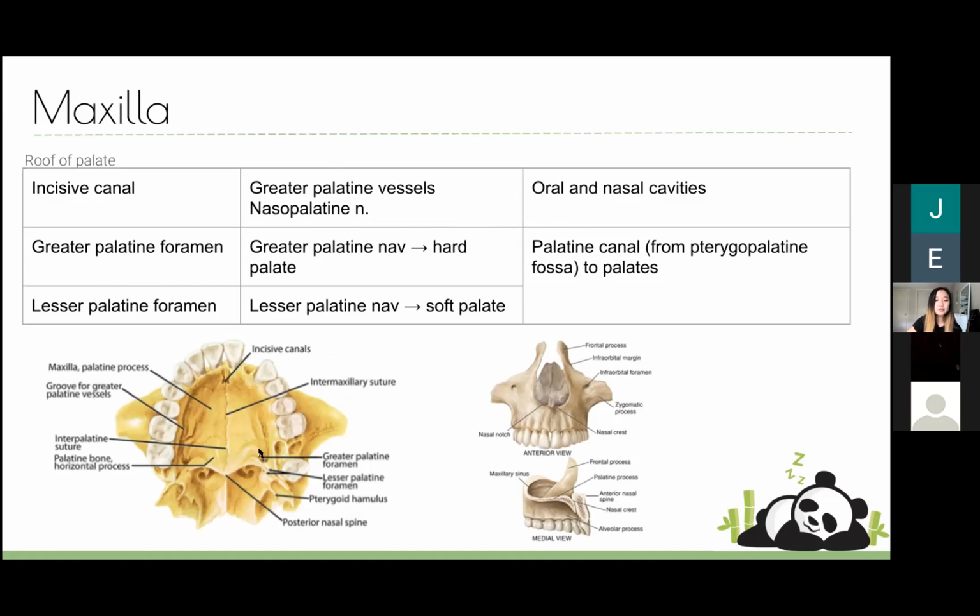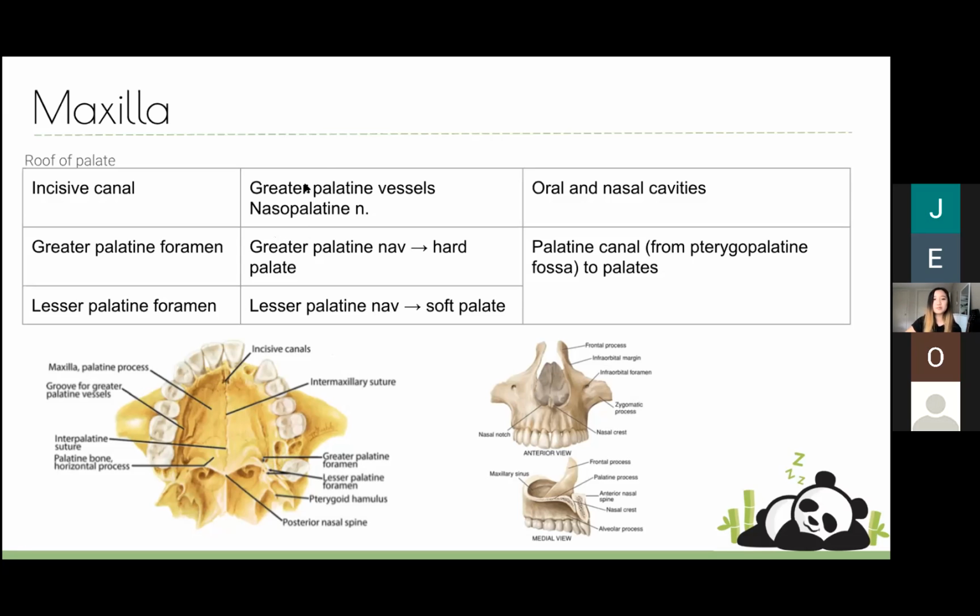And then you've got your greater and your lesser palatine foramen. Both of these come from a palatine canal and come in to supply your palate. So your hard palate is at the front and your soft palate is at the back. At the front, you've got your greater palatine foramen, and these vessels and nerves run kind of all the way to the front and then into your incisive canal and kind of go into your nose.